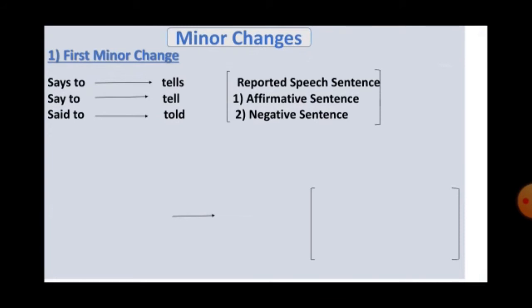If we see says to, say to, or said to in reporting speech, we convert says to into tells, say to into tell, and said to into told. But bear in mind that the reported speech must be an affirmative or negative sentence. If we do not have an affirmative or negative sentence in reported speech, we do not change these words.